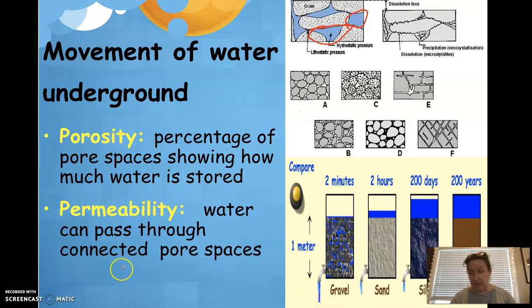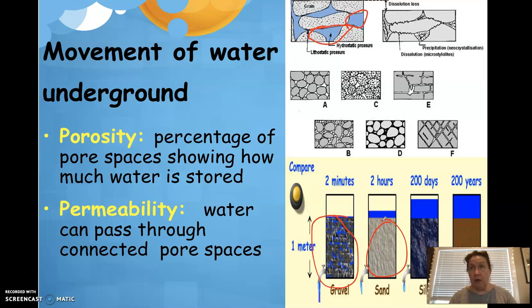So when we look down here at this graph down below, you can see that if I load a bunch of gravel in this particular area, it's going to run through real quick. Within 2 minutes, you're going to get water to pass through that 1 meter level of gravel. It's going to run fast versus sand, which is from the sand, silt, and clay.